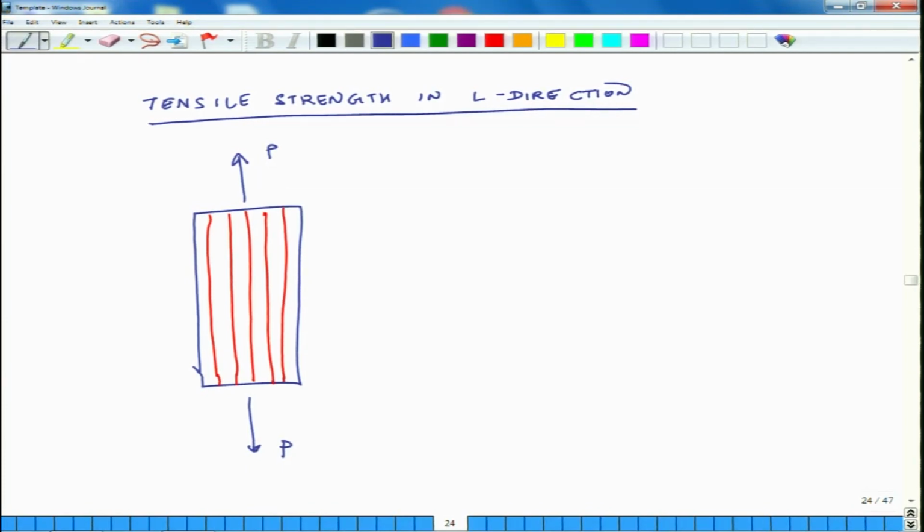So, what we want to understand is how do we calculate this ultimate tensile strength. Ultimate means sigma u, and in the L direction. So, how do we find out this value?